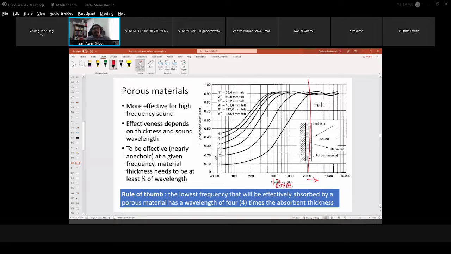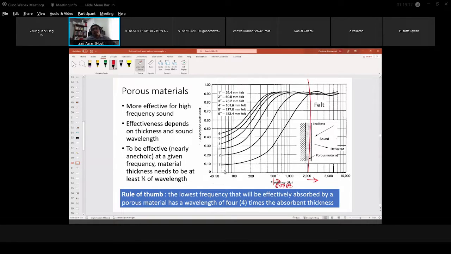Okay, so as a rule of thumb, the lowest frequency that you can absorb using a porous material should have a wavelength of 4 times the material thickness, okay, or the absorbent thickness.